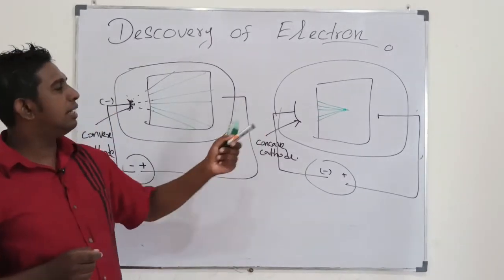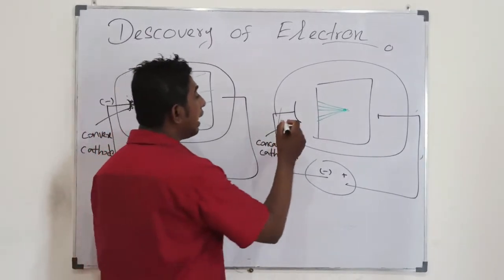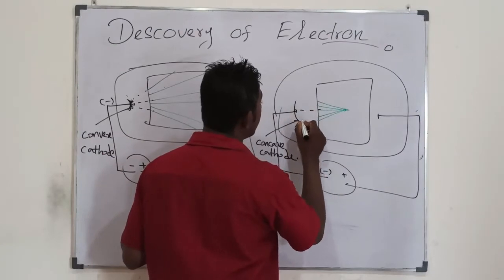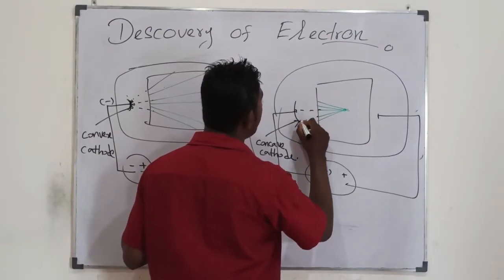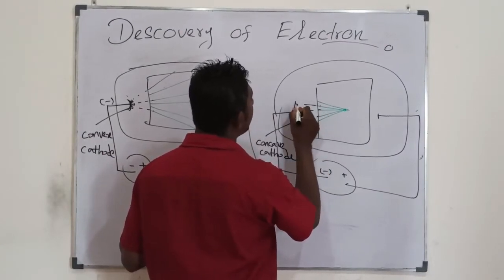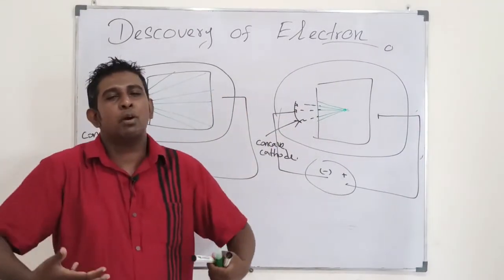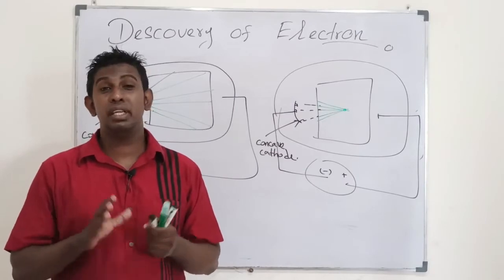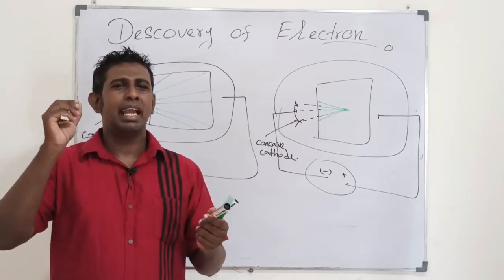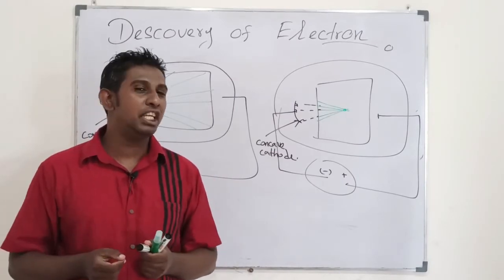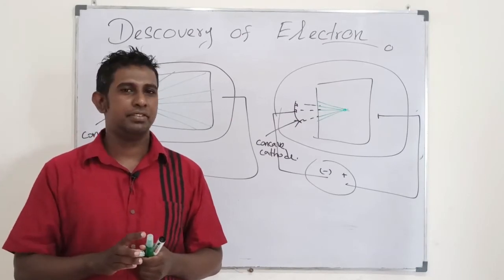Then those are converged when you have a concave cathode, again for the reason that those get emitted perpendicular to the emitting surface. So it's another property regarding cathode rays we could reveal, that cathode rays get emitted perpendicular to the emitting surface.